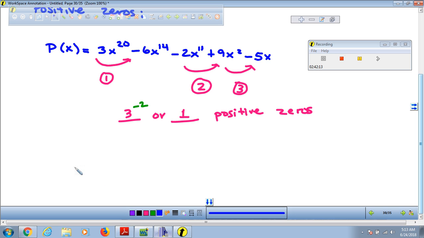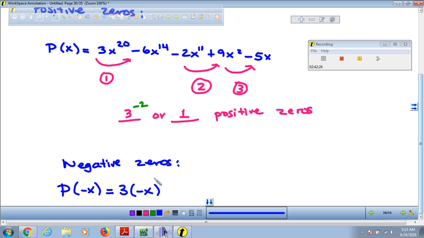And then for the negative, you're supposed to put a negative x into every x.